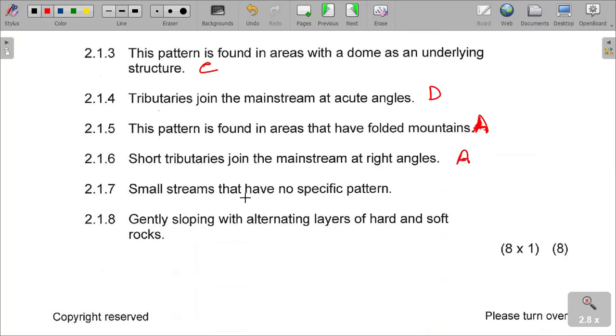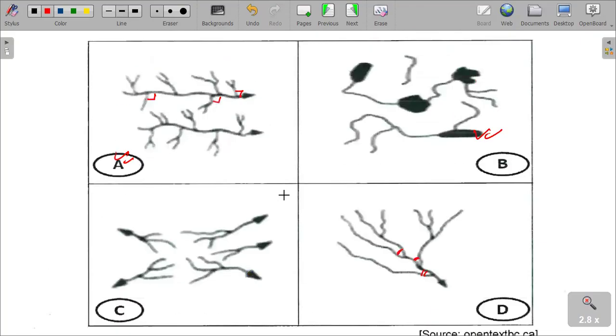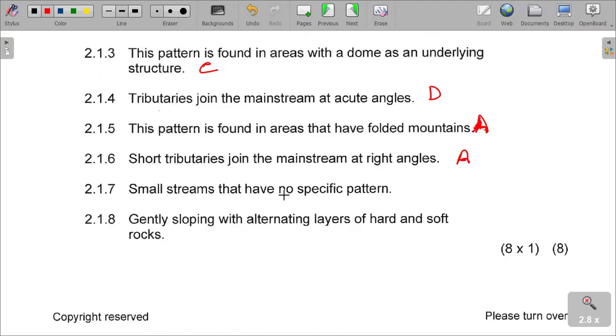And then small streams that have no specific pattern. We can see there is no specific pattern at B. And gently sloping with alternating layers of hard and soft rock.